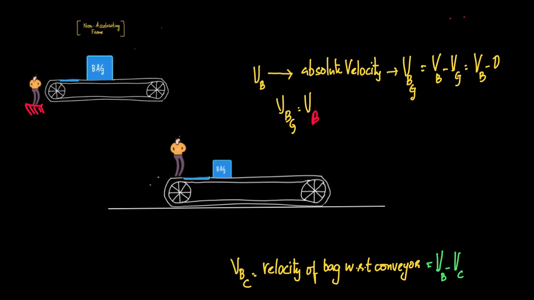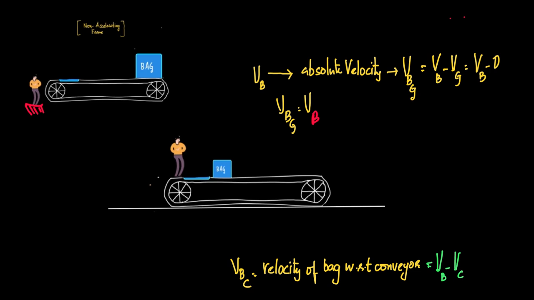Whereas when the observer is on the moving conveyor belt, and he is observing a bag which is also moving on the conveyor belt, now what he sees is velocity of bag. Where is the man standing? On the conveyor belt. Therefore what he sees is velocity of bag with respect to conveyor belt, which can be written as velocity of bag minus velocity of conveyor belt.